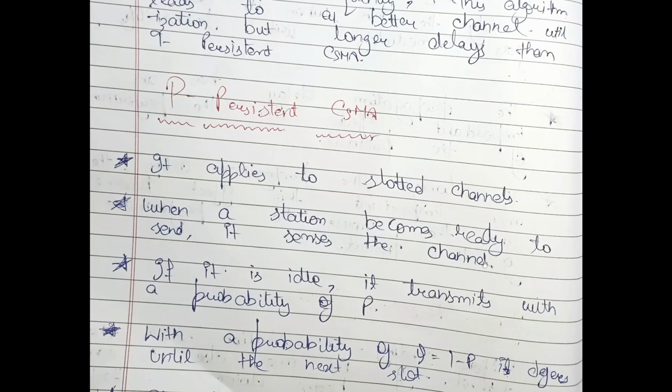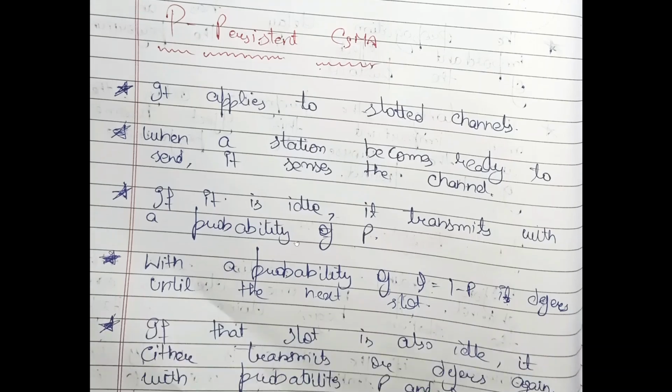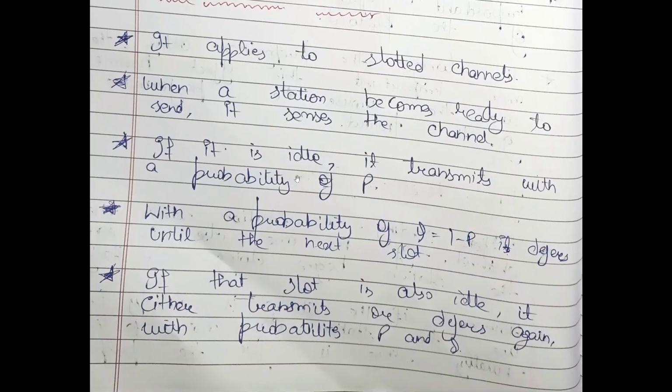Okay, when a station becomes ready to transmit, it senses the channel. If it is idle, it transmits with the probability P. Now this is the change here, it will be transmitting with the probability of P. So the probability that this frame is going to be sent is P, and 1 minus P, that is Q. There you go, Q is equal to 1 minus P. Q is the probability that it won't be sent.